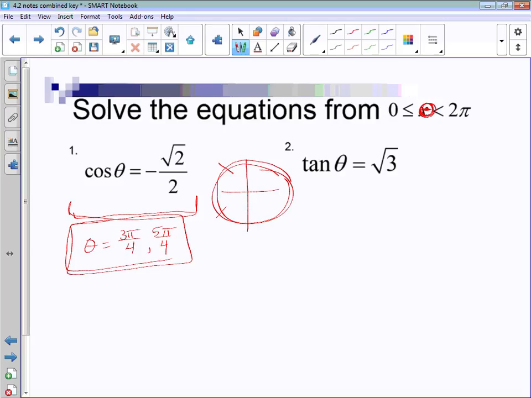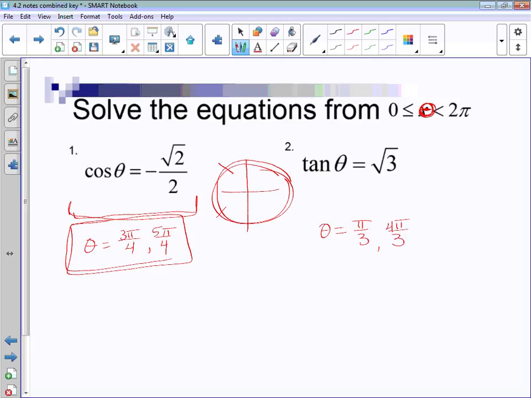All right, so the second one, tangent. Where on the entire circle does tangent equal a positive square root of 3? Pi over 3. 4 pi over 3, good.